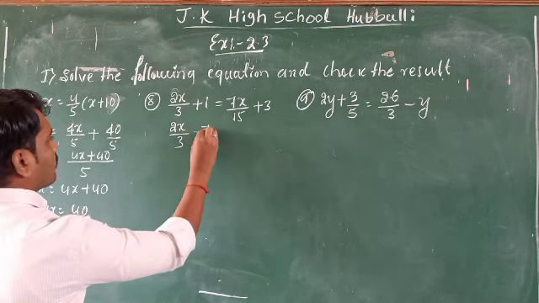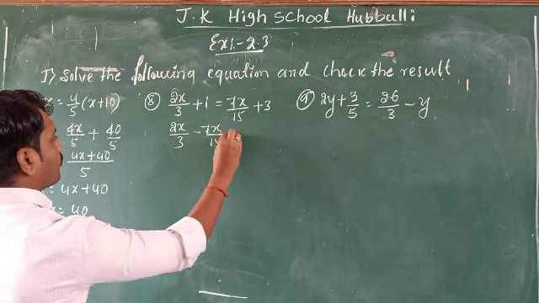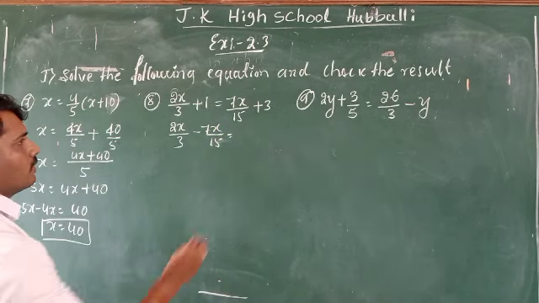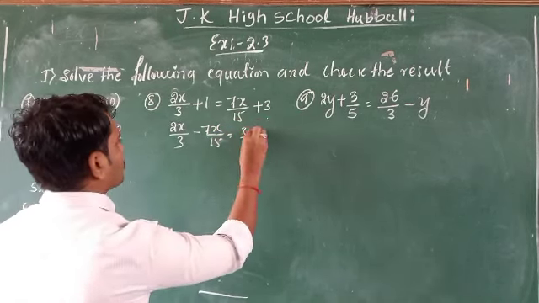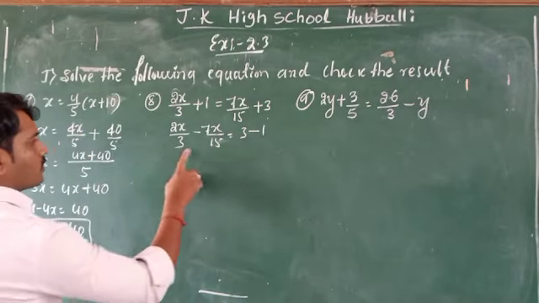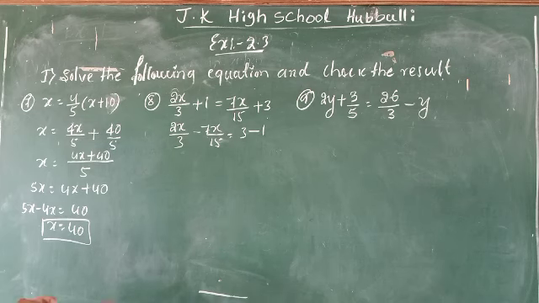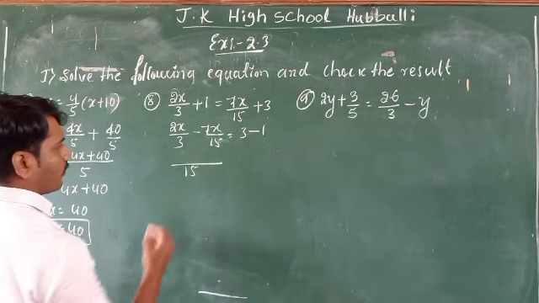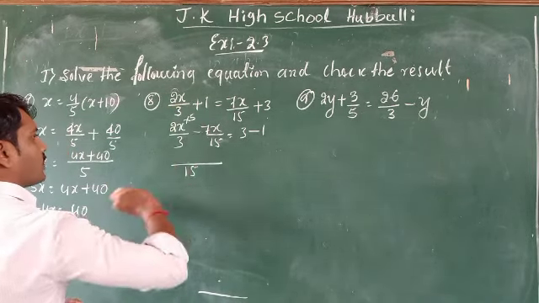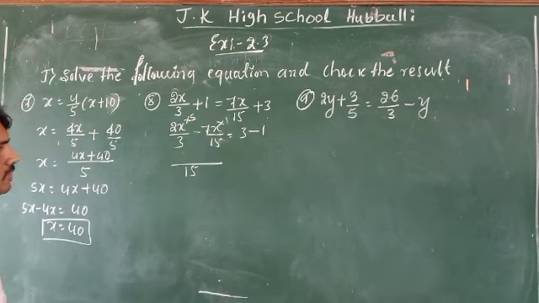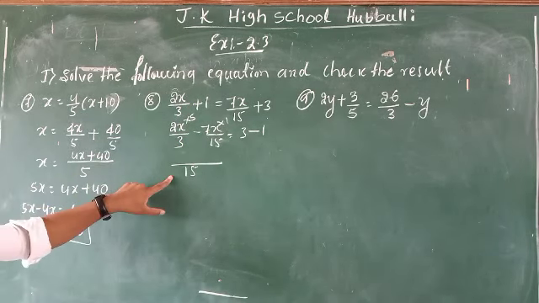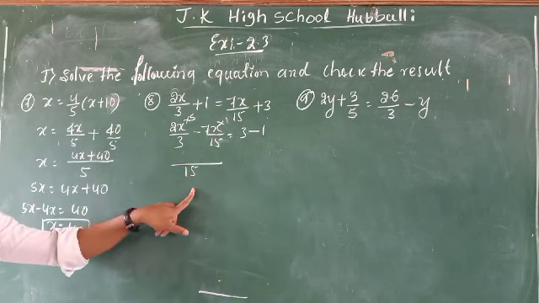Now this one, 2x by 3. Bring this side, minus 7x by 15. Clear? The next term, 3, bring this side, minus 1. So what is the LCM? 3 and 15 are there. 3 ones are 3, 3 fives are 15. So LCM is 15. 3 fives are 15, 15 ones are 15.